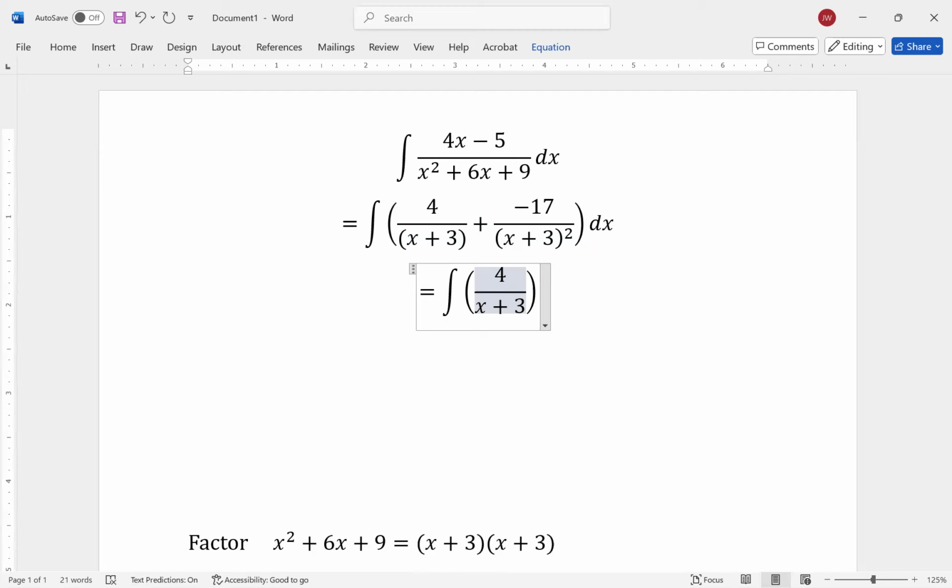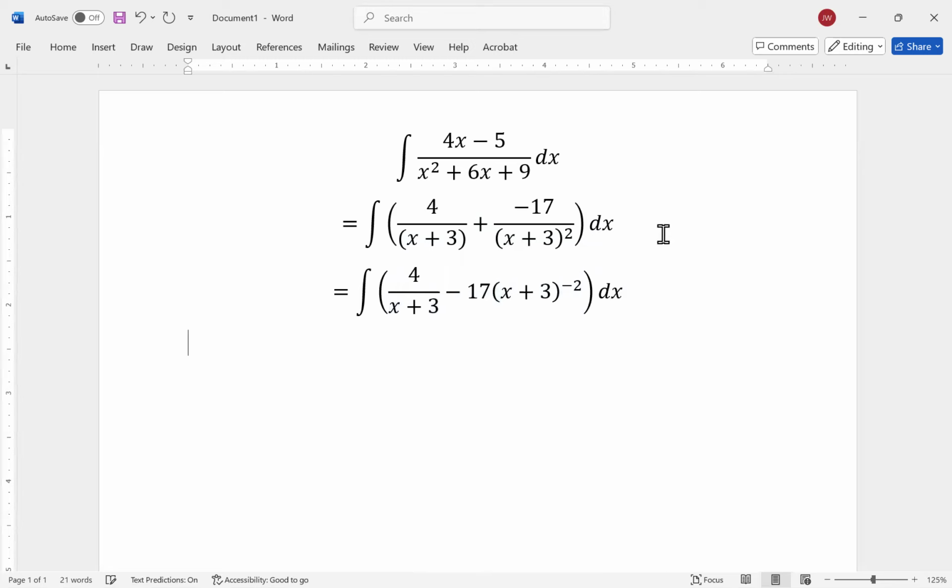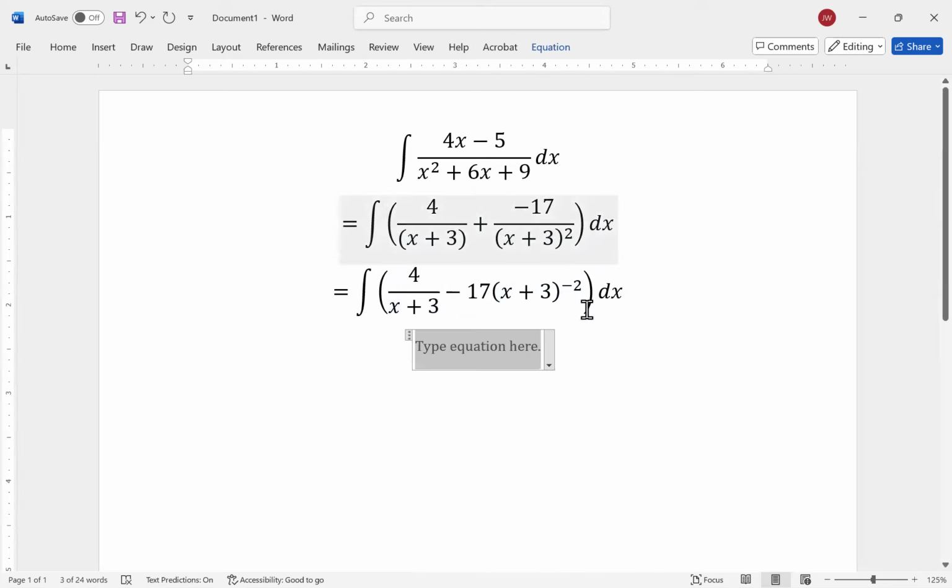But the other one, I'd probably rewrite as negative 17 times x plus 3 to the negative 2 and use my rule of exponents there, meaning raise the exponent by 1 and then divide by the new exponent.